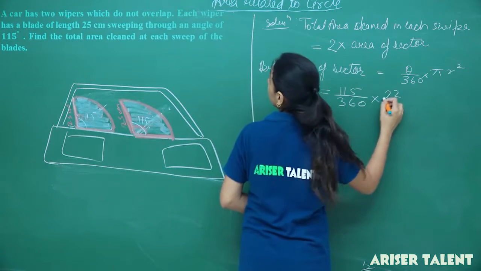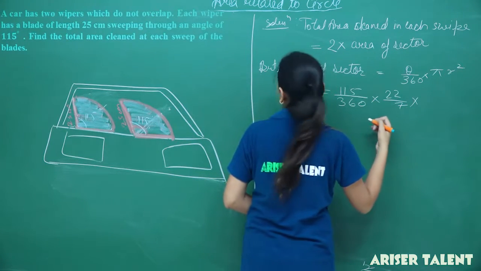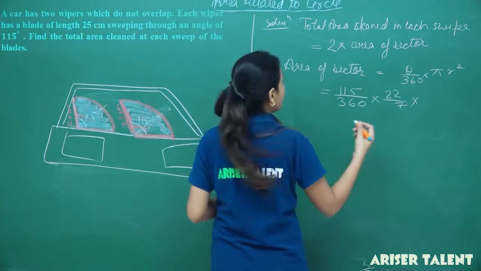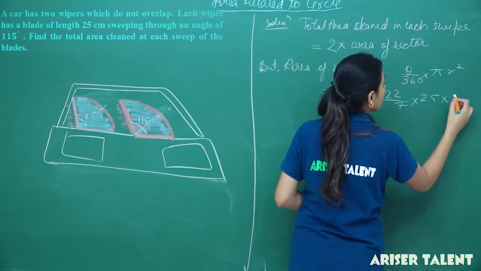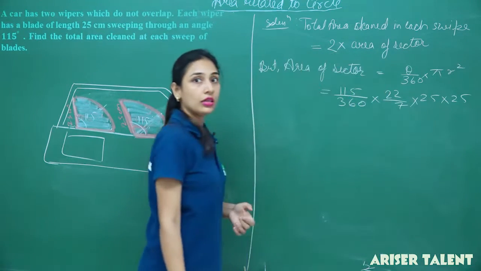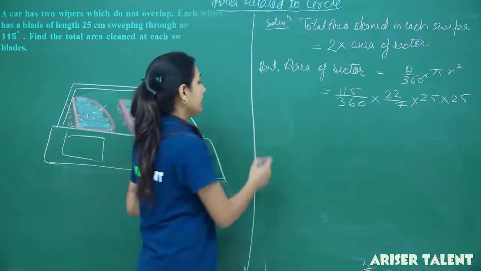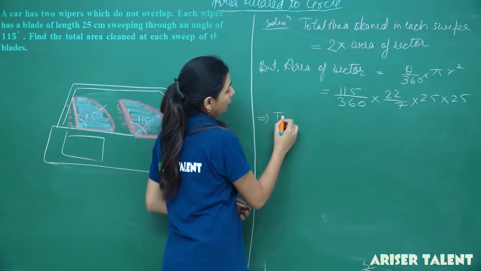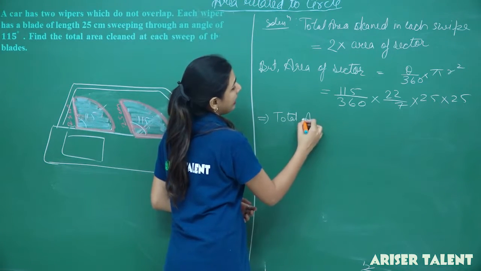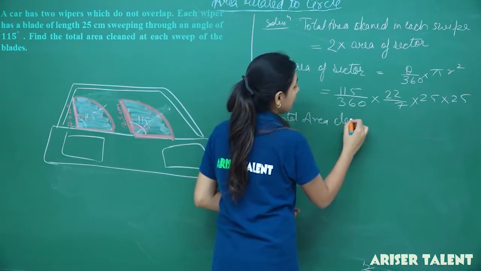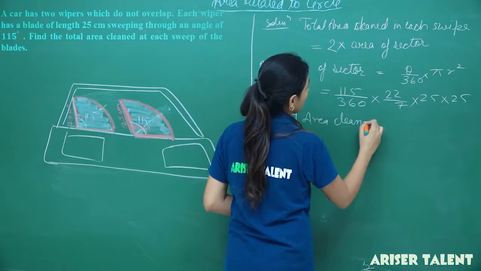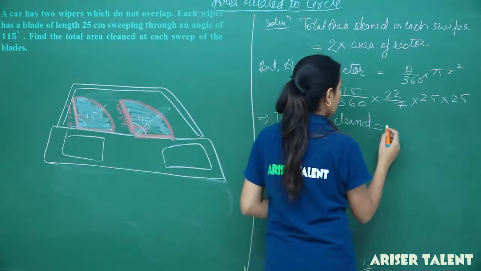Pi is 22 by 7 because it's not specified. And radius is given as 25 centimeter. Isn't it? Now if it is so, this implies that total area cleaned will be equal to what?